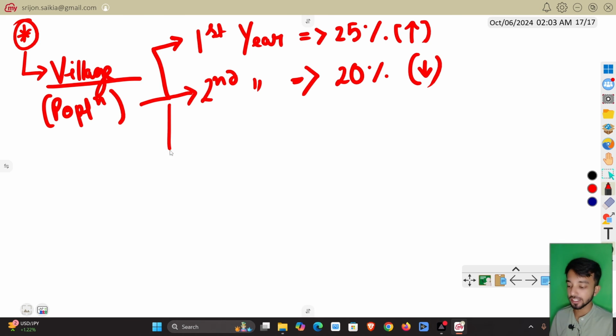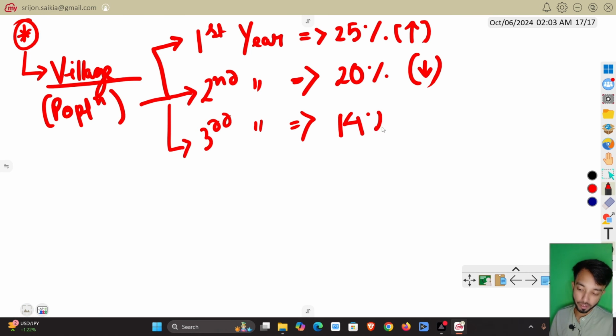For the third year, the population will increase by 14.28%.